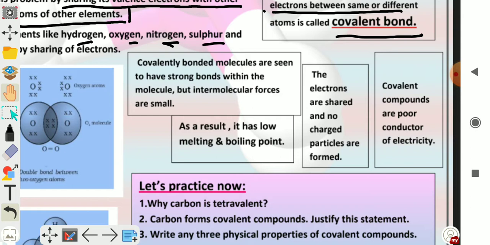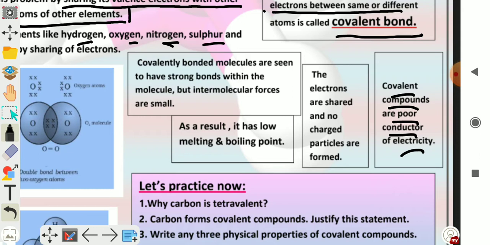The electrons are shared and no charged particles are formed. So covalent compounds are poor conductors of electricity because no charged particles are formed during the sharing of electrons.